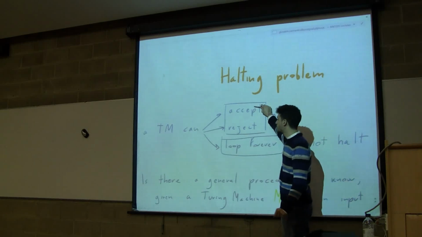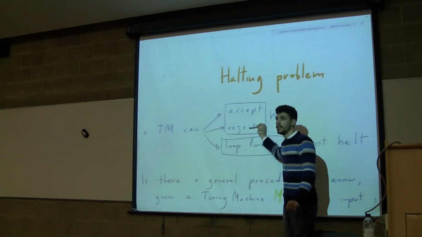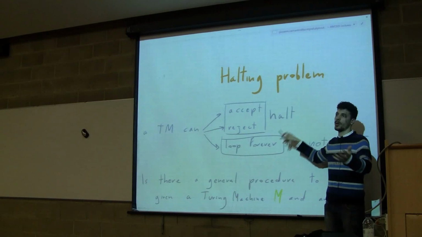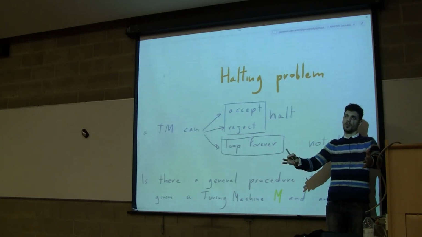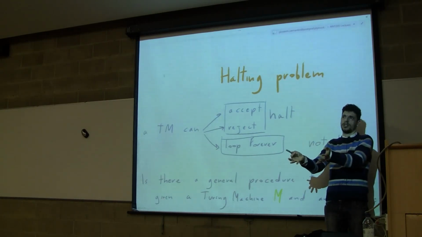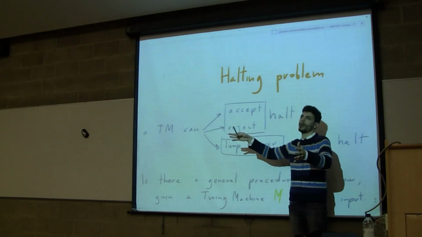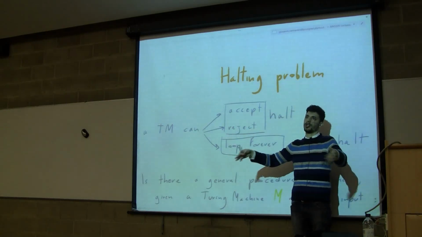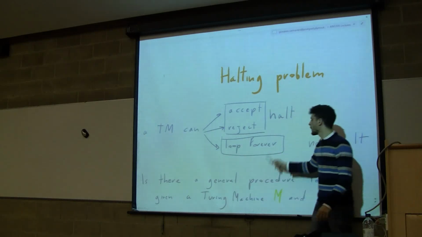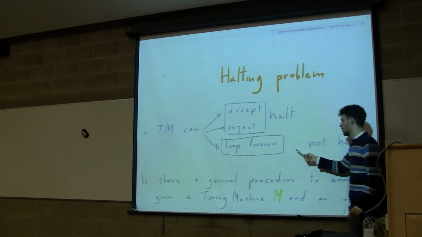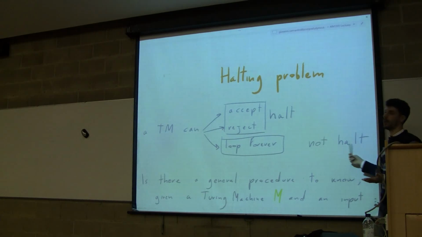If it accepts or rejects, then that means it halts. At a certain point, it stops. It doesn't matter what it says, but at least it stops. So when you say halt, it means the TM at a certain point carries out the computation and gives you an answer. The second possibility is that the machine can loop forever, so if it doesn't halt, it keeps running forever.